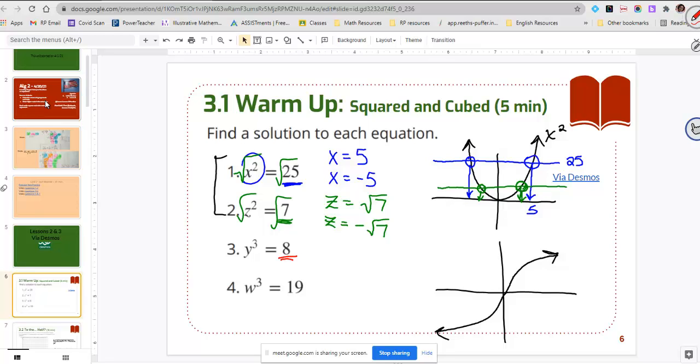And so now when we graph something like it equaling a value at 8, it's only going to have a single answer. It only intersects the graph one time.